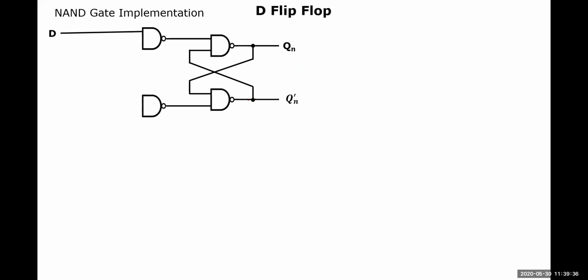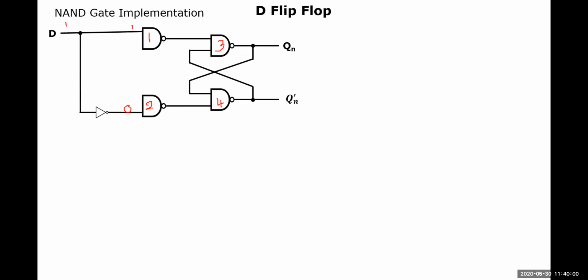That input is D, and this D will be flipped and submitted to the first level inputs here. This is gate number 1, this is gate number 2, this is gate number 3, and this is gate number 4. Look at this. Only one input is there, that is D. If I submit 1 here, because of the NOT gate it will go as 1 here directly, but here it is 0.